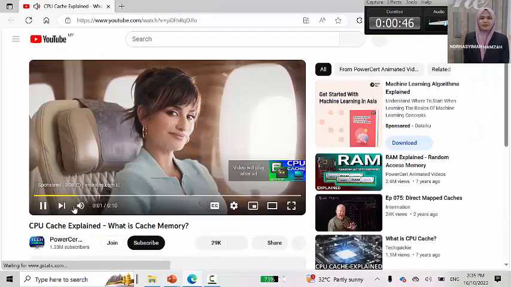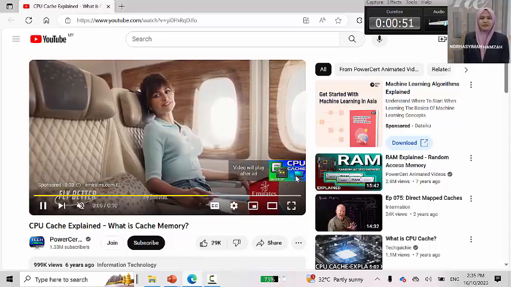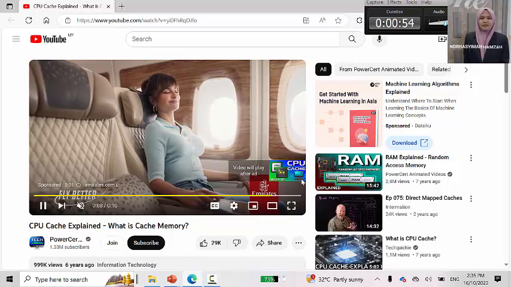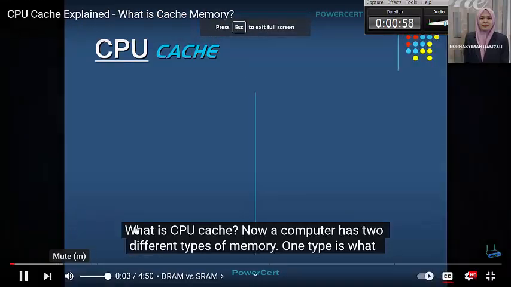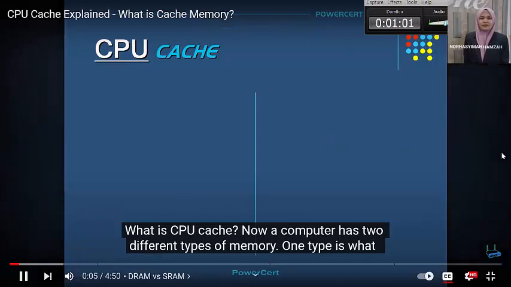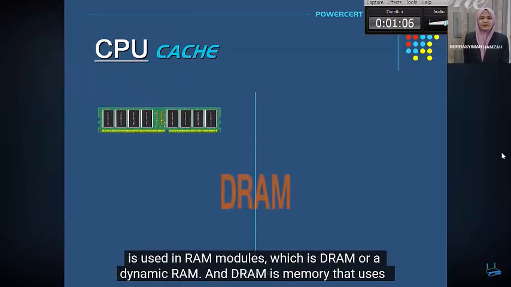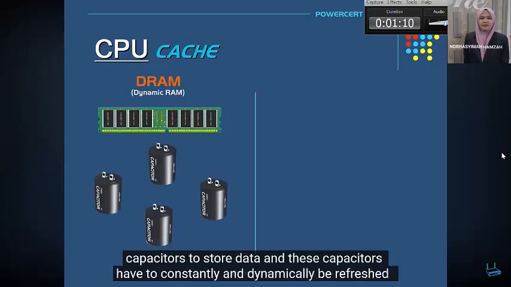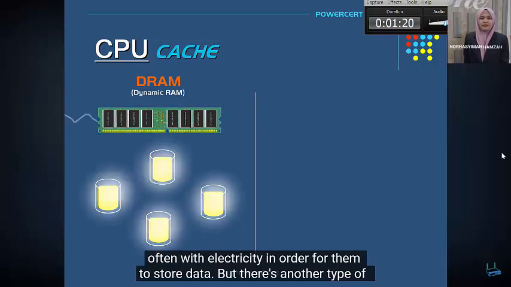You want to watch a movie? You're going to need a big... Now, a computer has two different types of memory. One type is what is used in RAM modules, which is DRAM or dynamic RAM. DRAM is memory that uses capacitors to store data, and these capacitors have to constantly and dynamically be refreshed often with electricity in order for them to store data.